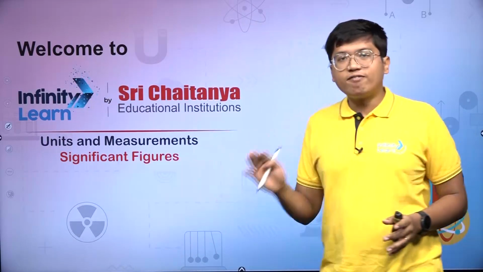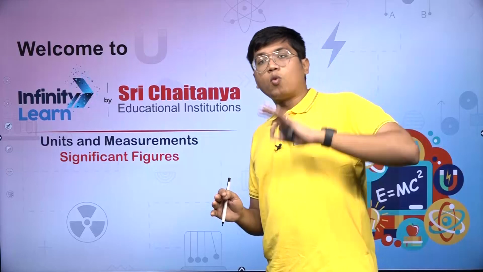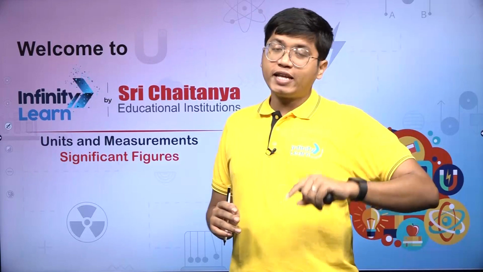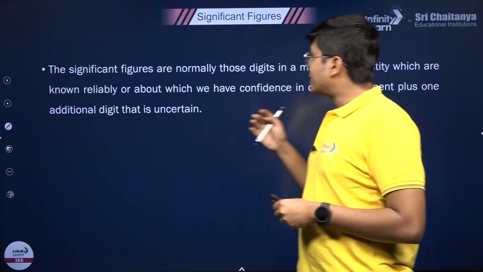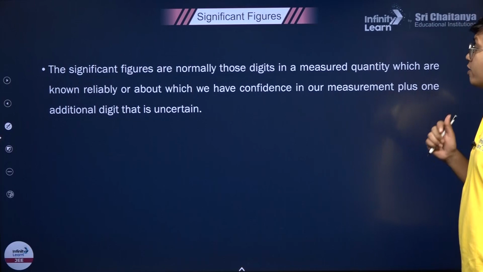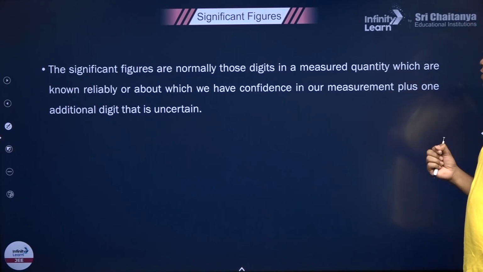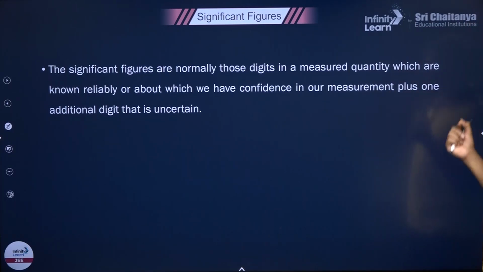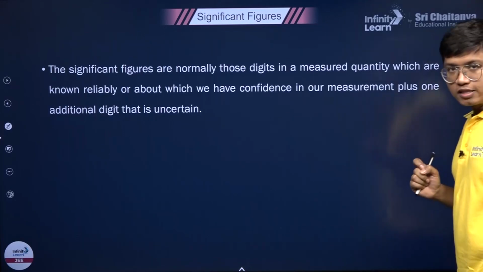But the more important thing with regards to significant figures is understanding what they actually mean and why they are called so. Over here, it says that significant figures are normally those digits in a measured quantity which are known reliably, or about which we have confidence in our measurement, plus one additional digit that is uncertain.